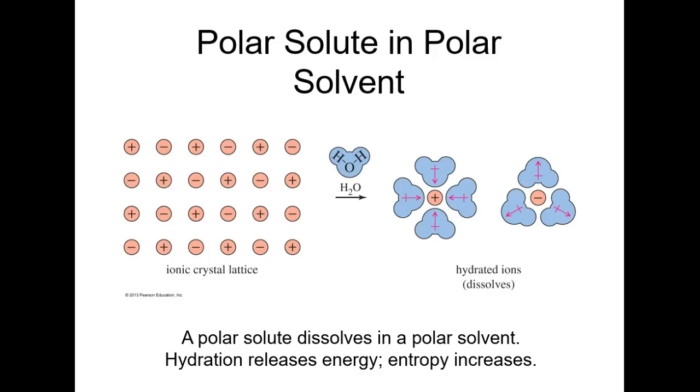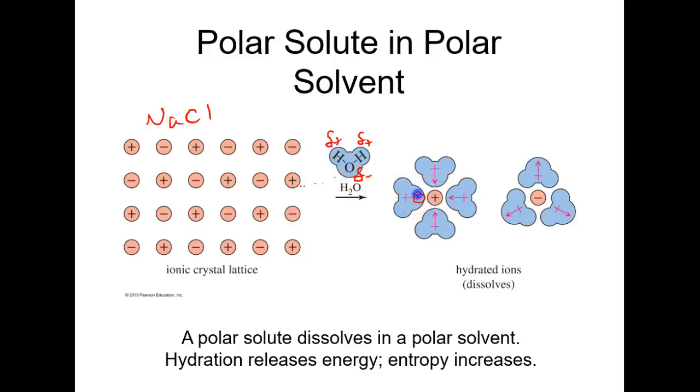So in this slide you can see a polar solute in a polar solvent. It's the exact example I gave you. Imagine this is sodium chloride. You have very highly charged molecules. Water is very polarized, with partial positives on your hydrogen and a big partial negative on your oxygen. So the negative portion will be attracted towards the positive part.